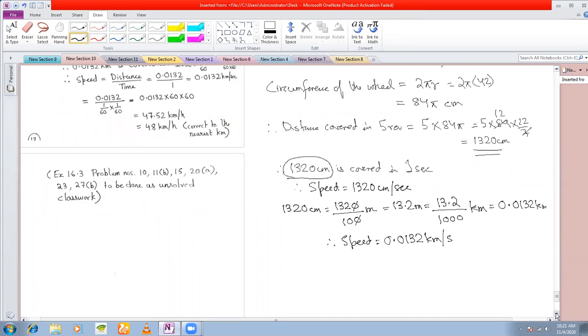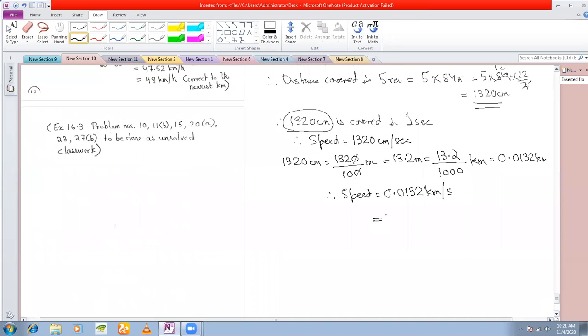But we have to express it in kilometer per hour, so this second needs to be converted to hour. 1 second is equal to 1 by 60 minutes, which is equal to 1 by 60 into 1 by 60 hours.